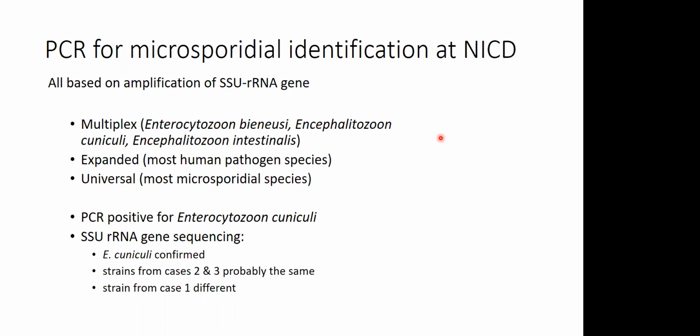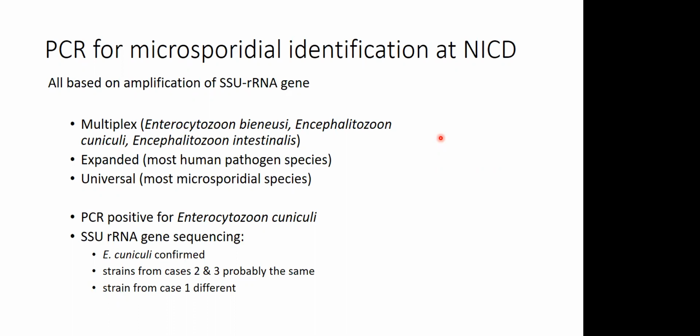Then we have an expanded PCR, which picks up most human pathogenic species. And then we have a universal one, which picks up most microsporidial species. And the last one here was, or the second one, I can't remember now. Anyway, it was PCR positive for something.